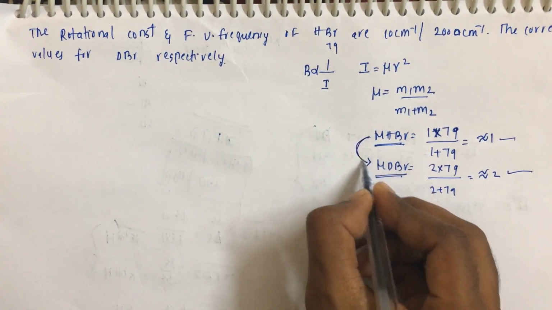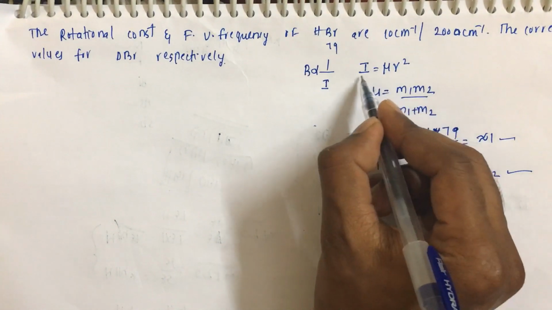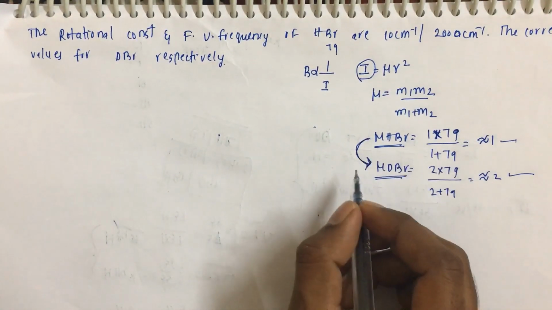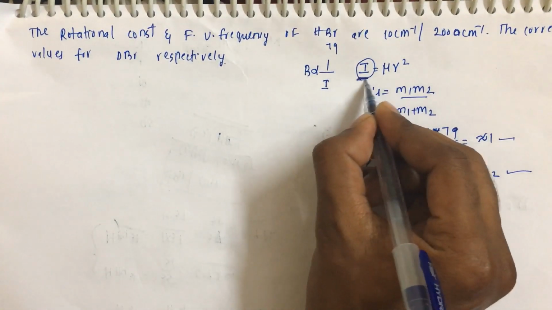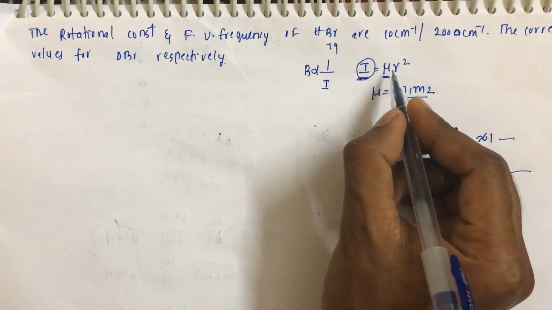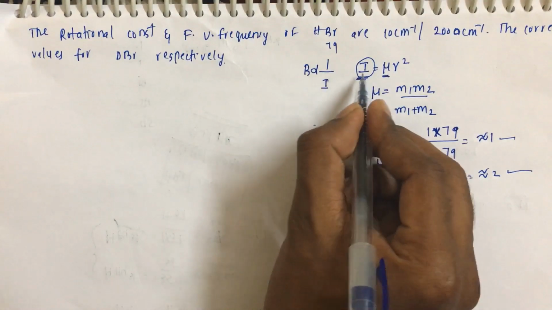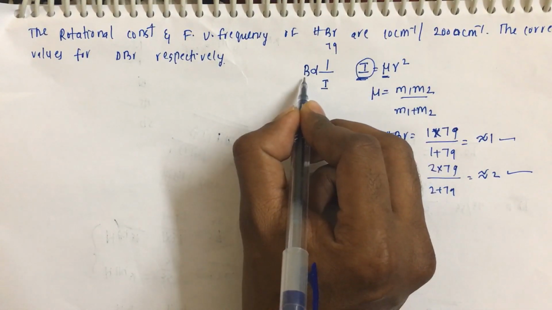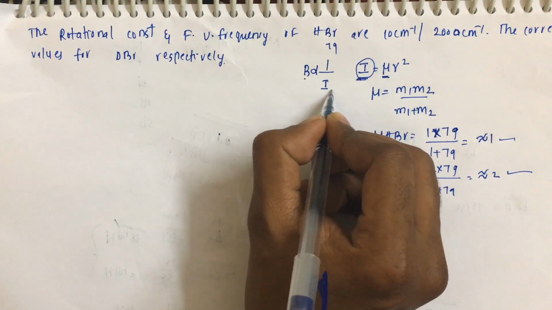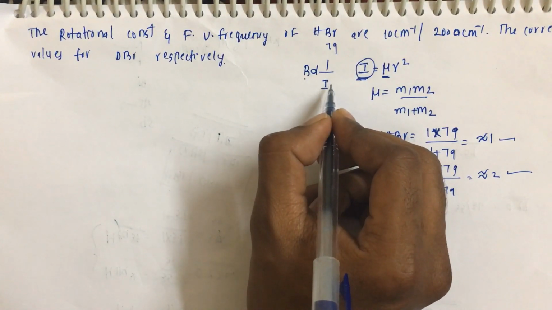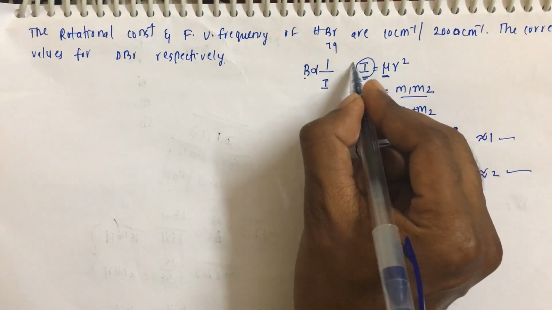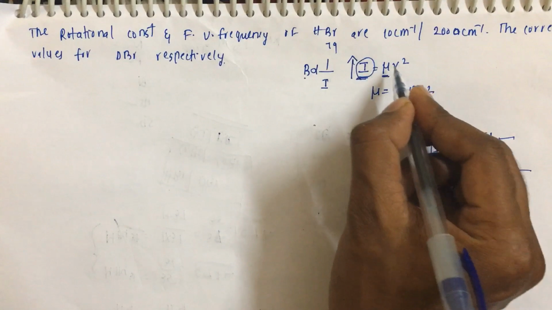So when mass is getting double, the moment of inertia also should get double, right? Because moment of inertia and reduced mass are directly proportional. Okay, now you come here, the rotational constant is inversely proportional to the moment of inertia, right? So now here moment of inertia is double because reduced mass is also double.